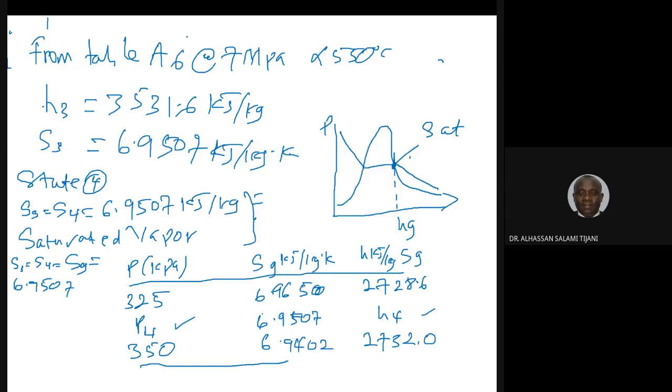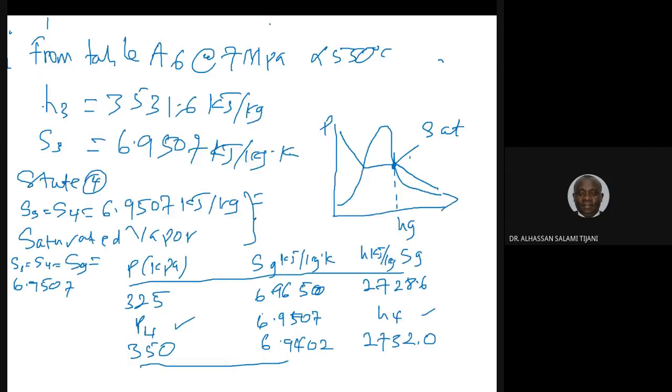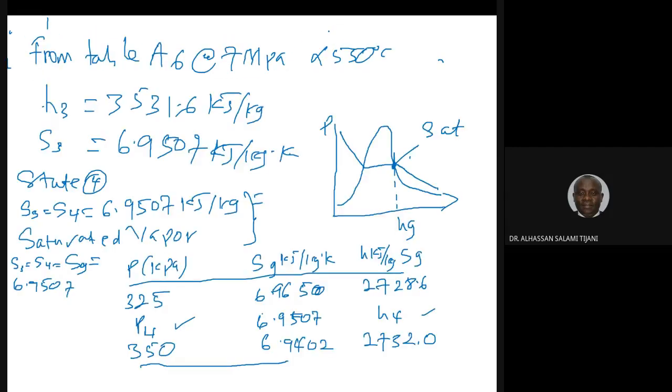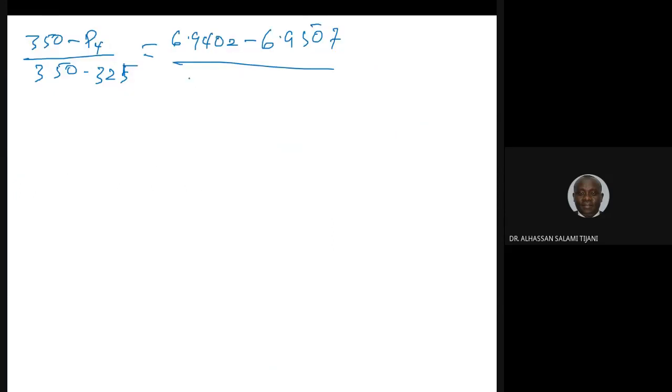So 6.9402 minus 6.9507, all divided by 6.9402 minus 6.9650.